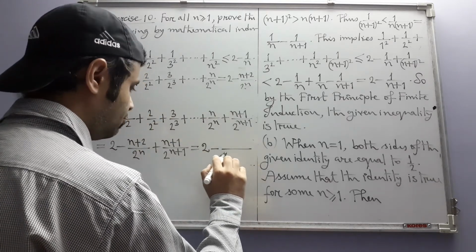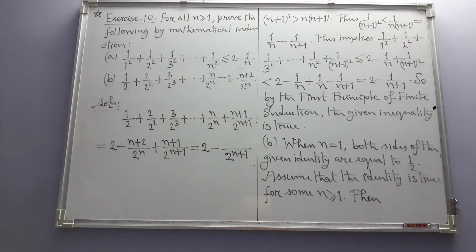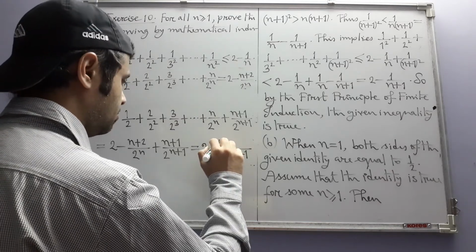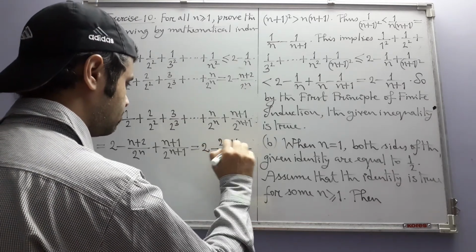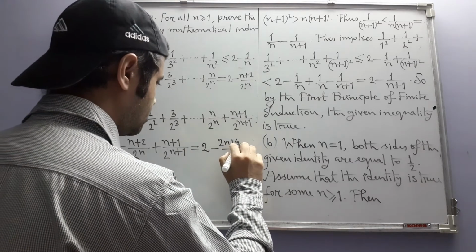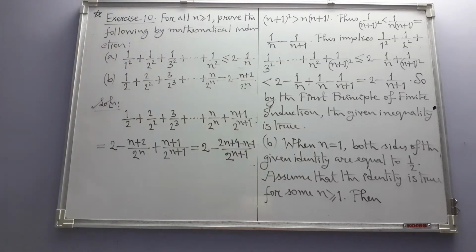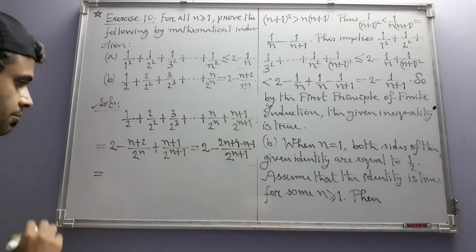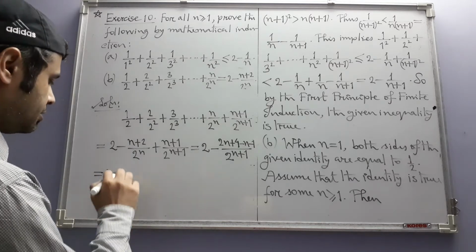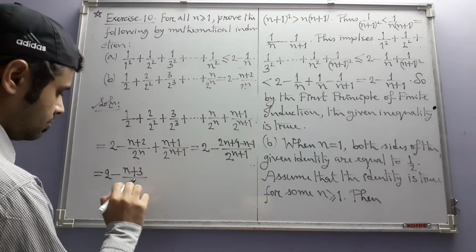Minus, if we take 2 to the power n plus 1 LCM, then we have to multiply this by 2, so we will get 2n plus 4, and since we have taken minus outside, so here we will have minus n minus 1, so this becomes equal to 2n minus n is n, and 4 minus 1 is 3.